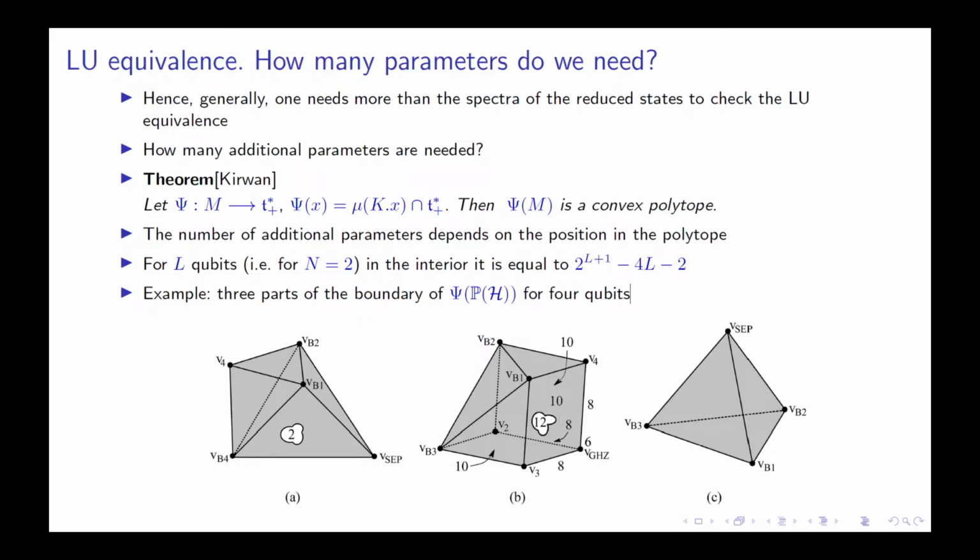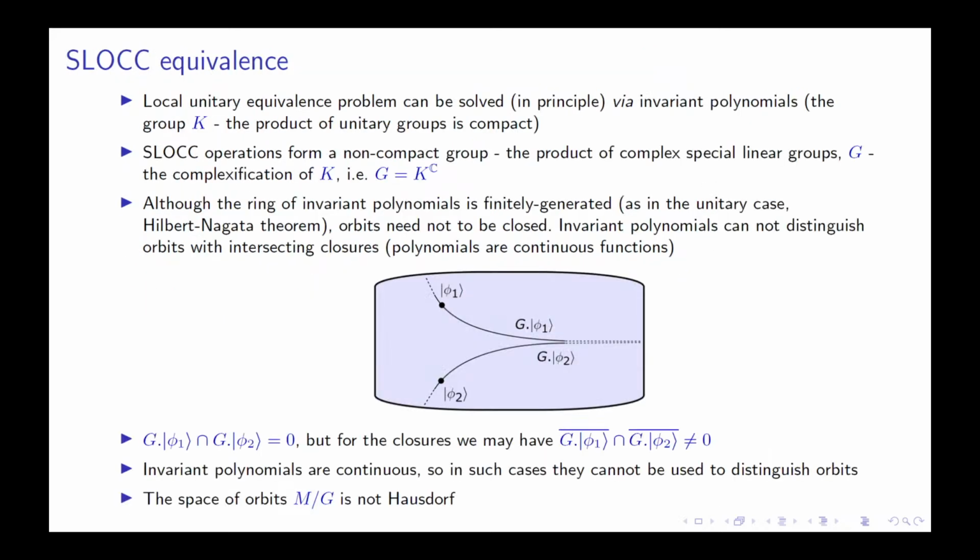On the faces it's 10, and 8 on this 1-dimensional edge. You see how poor the information contained in the spectra is. So this much for the local unitary equivalence.